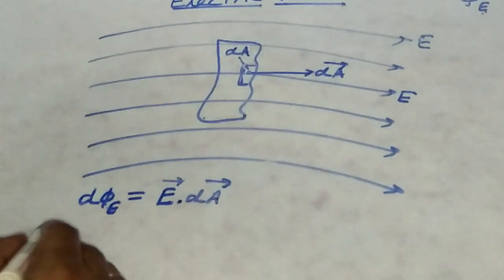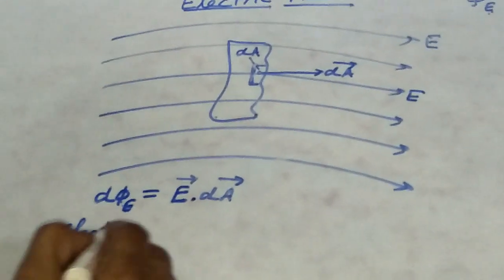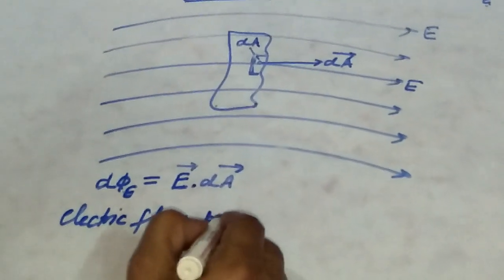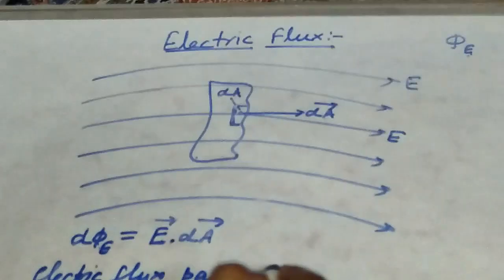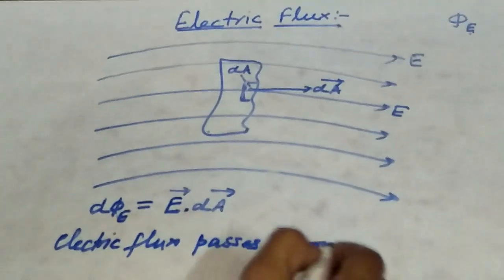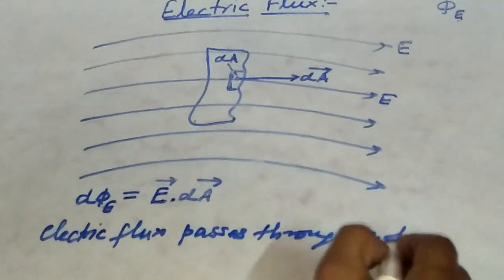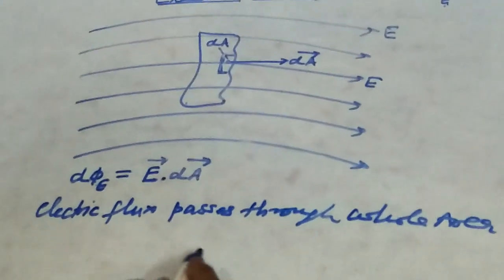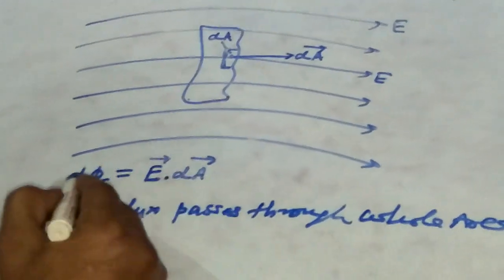So how can we find the electric flux passing through the whole area? By integrating this one.